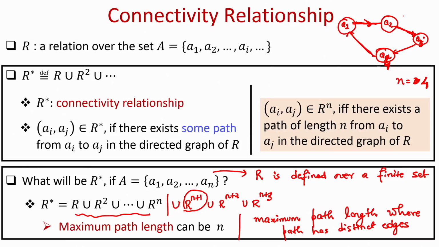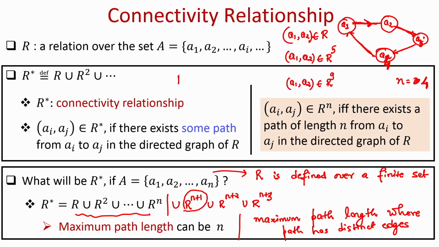But the same path can be considered as a path of length 1, because you have the node A1 to A2. So, what I can say is that A1 comma A2 will be present in the relation R, and the same A1 comma A2 will also be present in R power 5. The same A1 comma A2 will also be present in R power 9 and so on.